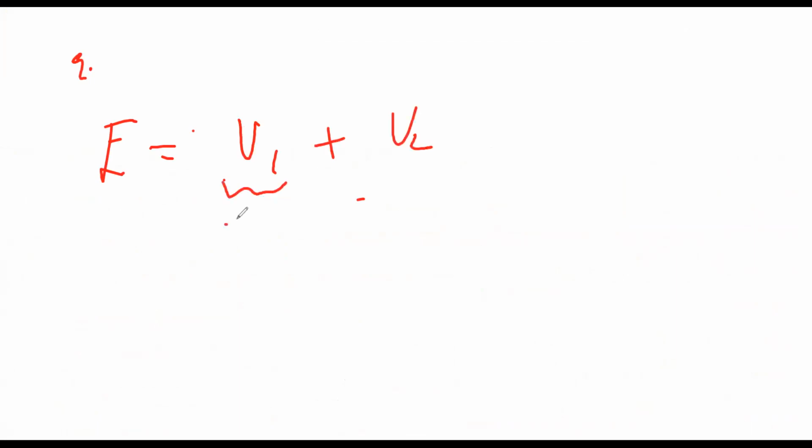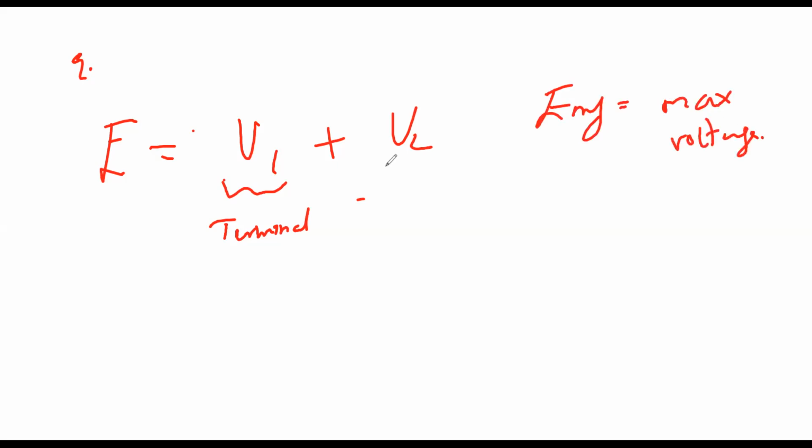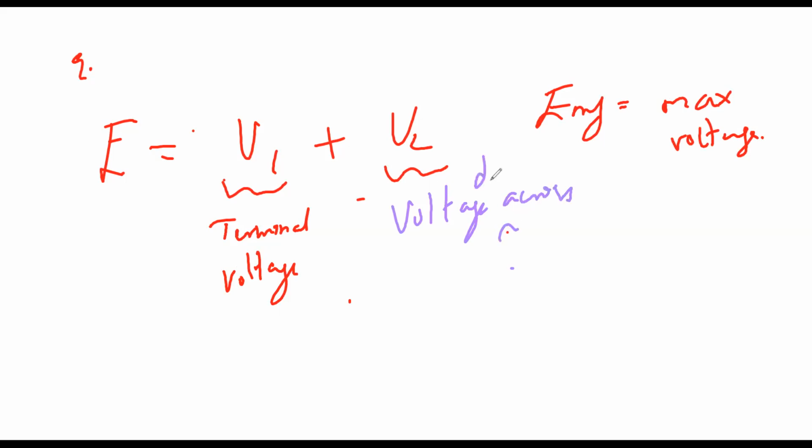This is the terminal voltage, V1. What is EMF? EMF is the maximum voltage, so that should be equal to the sum of all other voltages. Maximum voltage is EMF. V1 is the terminal voltage, and V2 is the voltage drop across the resistor.